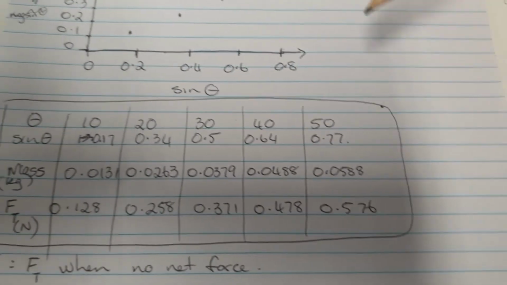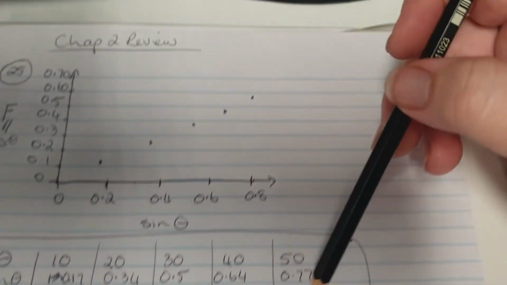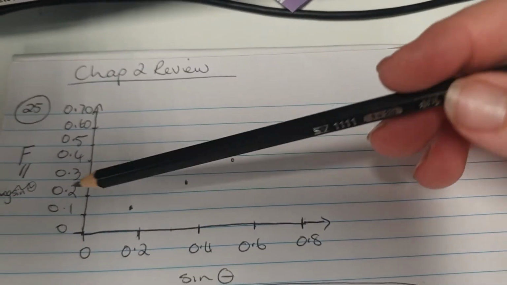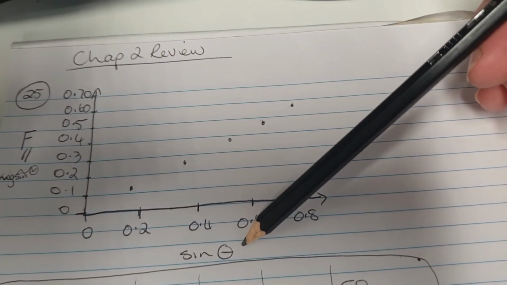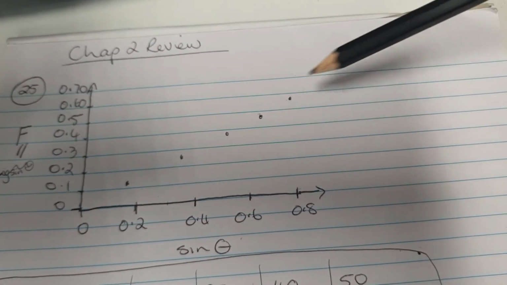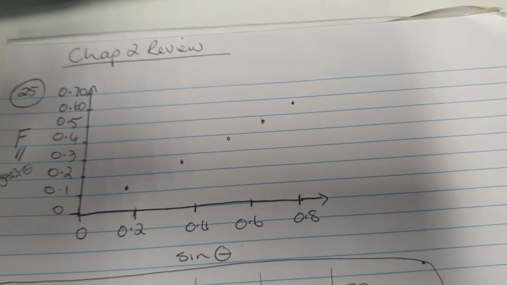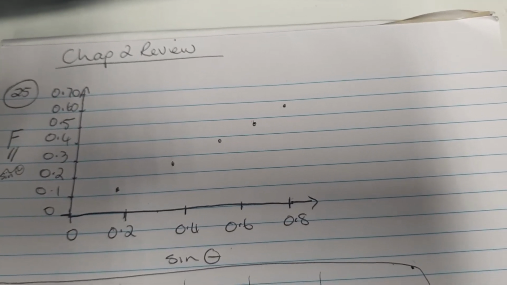So I did all those little sums, and then I plotted a graph of F parallel against sine theta. And yes, it is a straight line, or appears to be a straight line with my rough little graph.